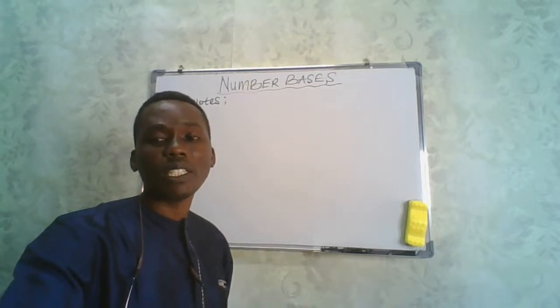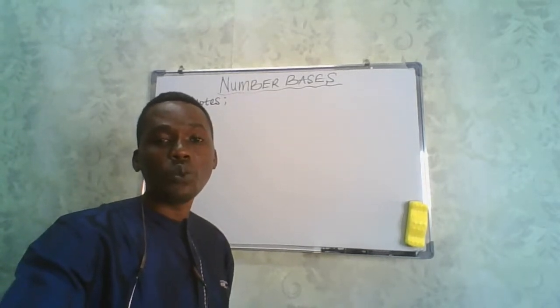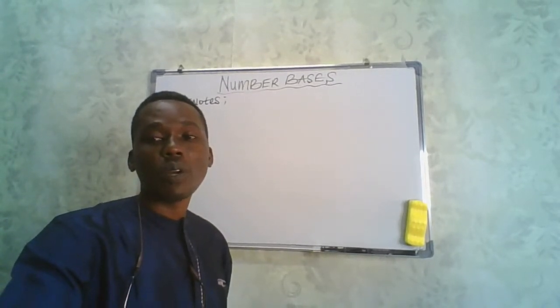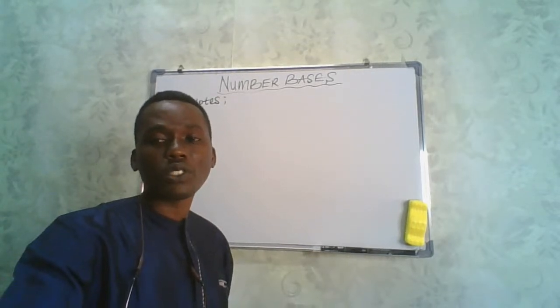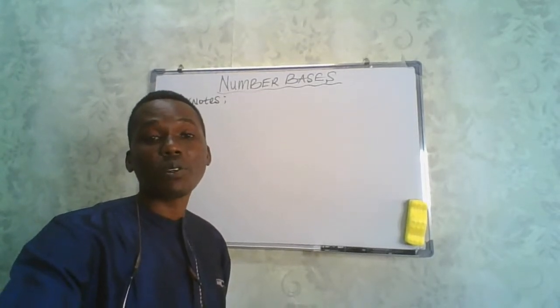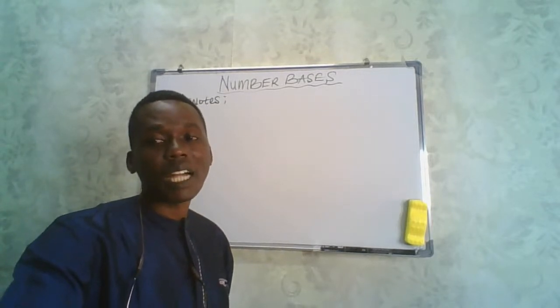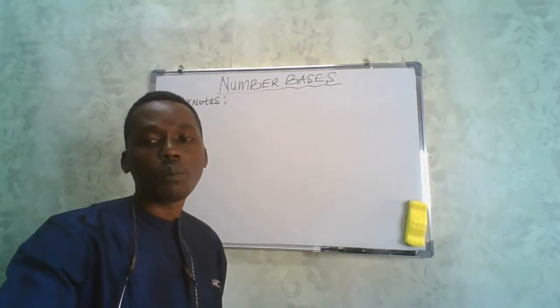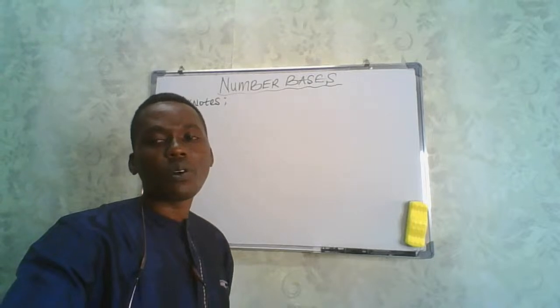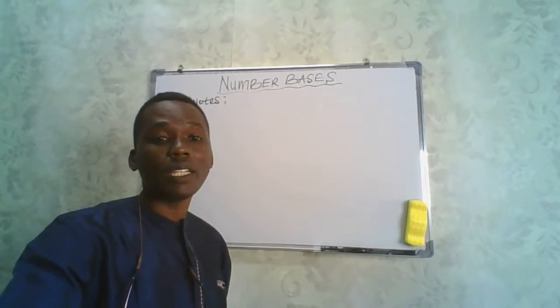When it involves addition and subtraction, you will note some exemptions, but when it involves multiplication and division, it is better for you to convert all those bases to base 10 and then do your operations in base 10 before converting to the required base.